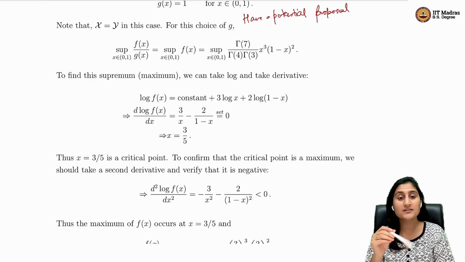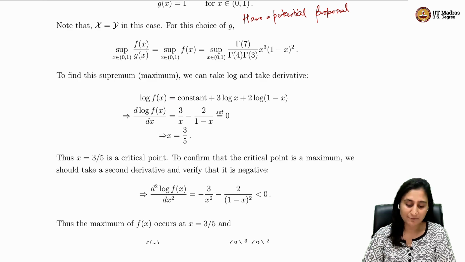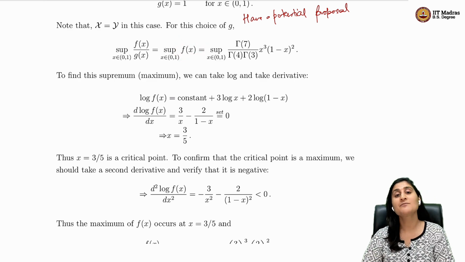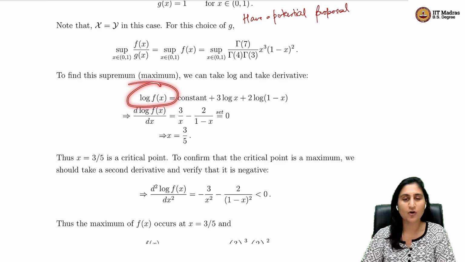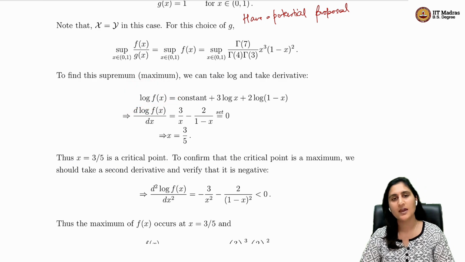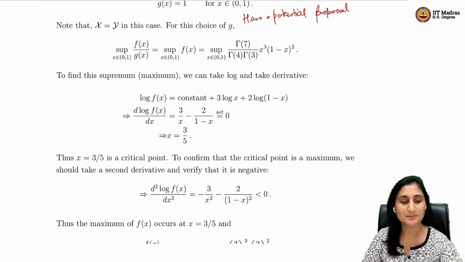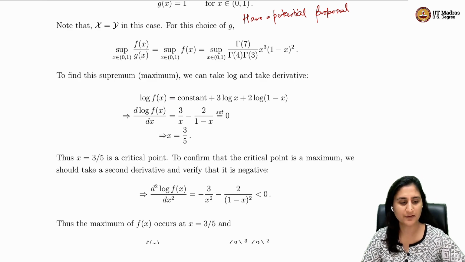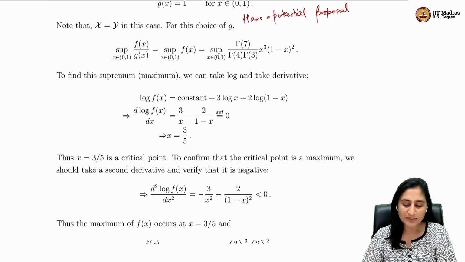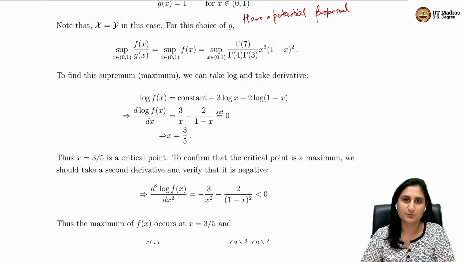The reason is that log is a monotone increasing function, so the value of x that maximizes f of x is the same value of x that maximizes log of f of x. So maximizing log f of x is the same thing as getting the maximizer of f of x. So we take log and then we take a derivative and set it to 0 to find a critical point.